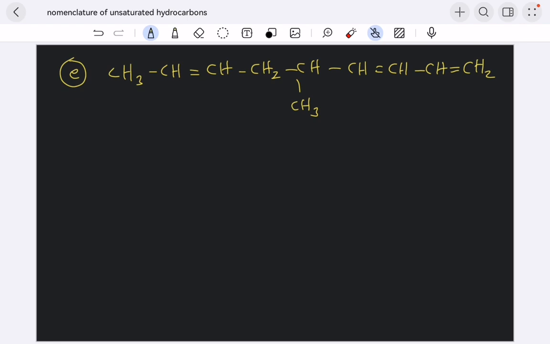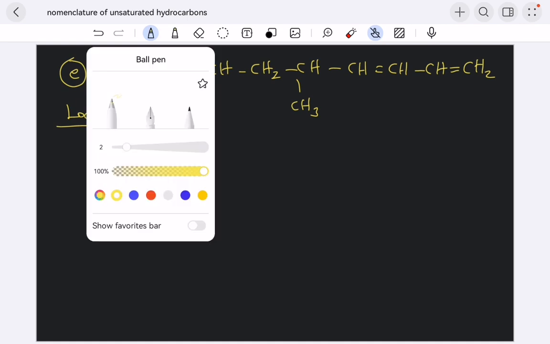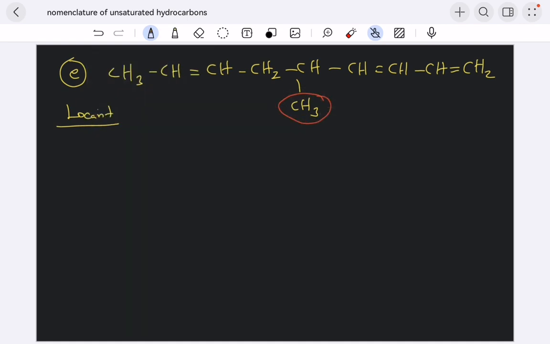So here again we give respect to the double bond. If you want to be sure, you can actually check the locant in terms of where those double bonds are. Obviously we'll consider these as a substituent, which is a methyl. So if we start counting from here, this will be 1, 2, 3, 4, 5, 6, 7, 8, 9. If we do the locant, we have 1 plus 3 plus 7, which gives us 11.